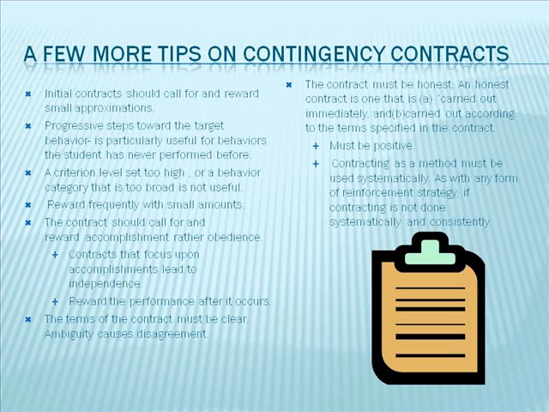The contract must be honest. An honest contract is one that is carried out immediately and carried out according to the terms listed. The contract needs to be positive. No negativity should be listed.